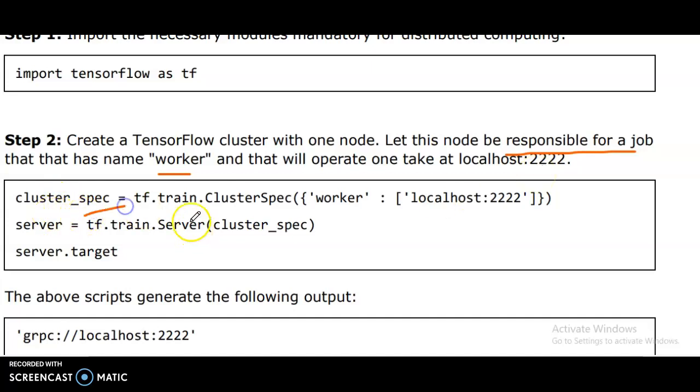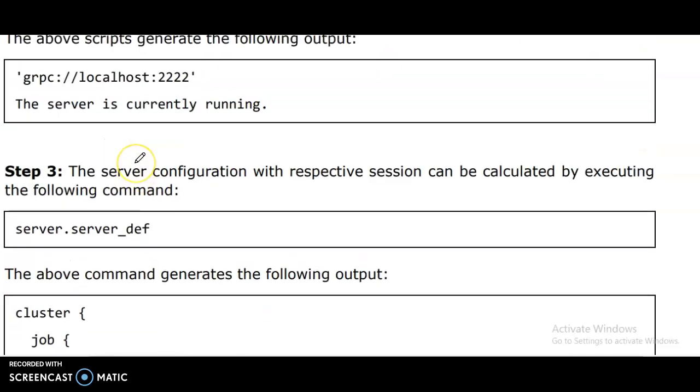Cluster specification equal to tf.train.ClusterSpec worker localhost:2222. Server equal to tf.train.Server cluster specification, server.target. The above script generates the following output: grpc://localhost:2222. The server is currently running.